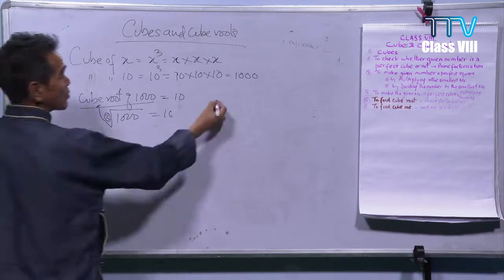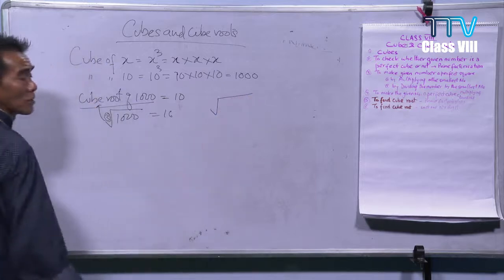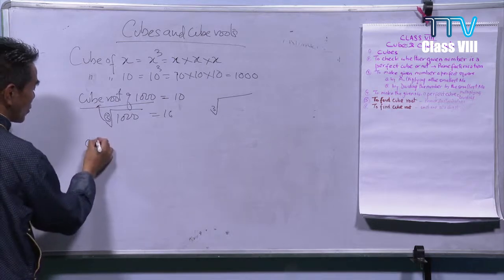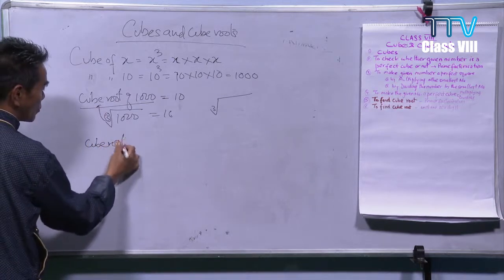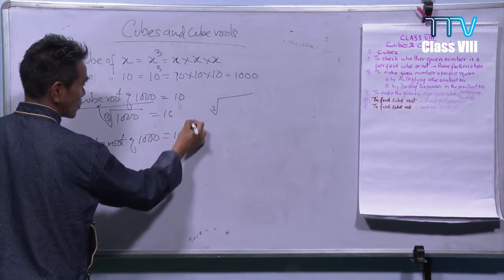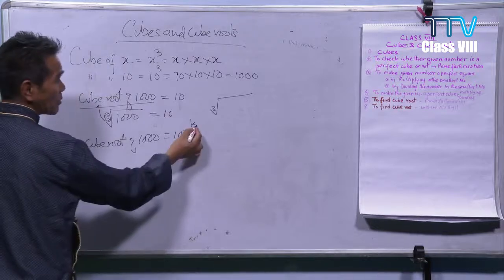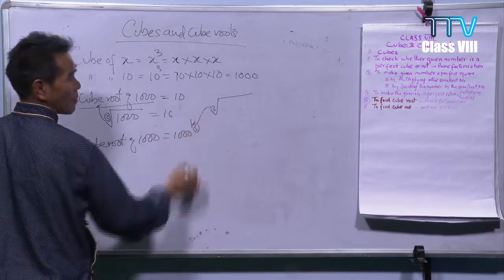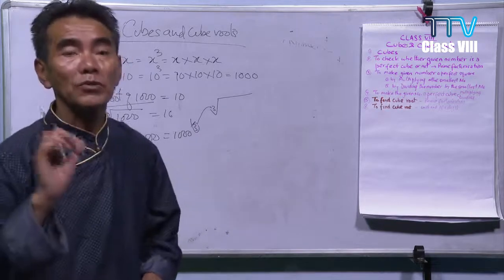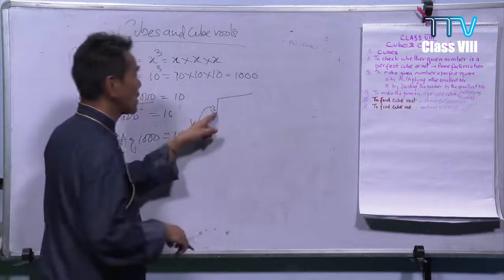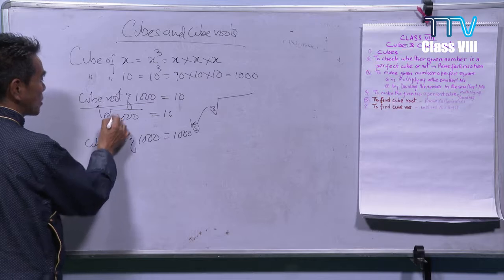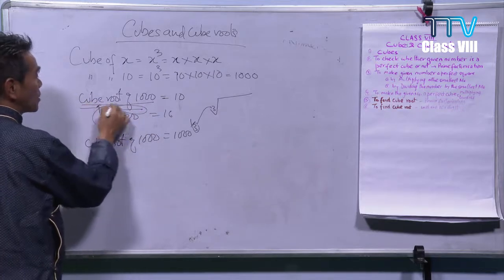Like square root, cube root of 1000 can also be written as 1000 raised to power 1 upon 3, where the denominator 3 is the order of the root. That is the cube root.